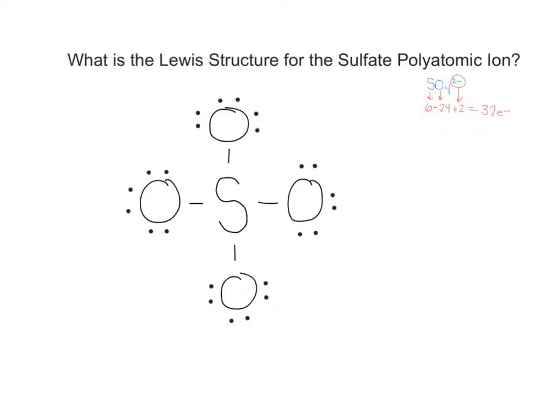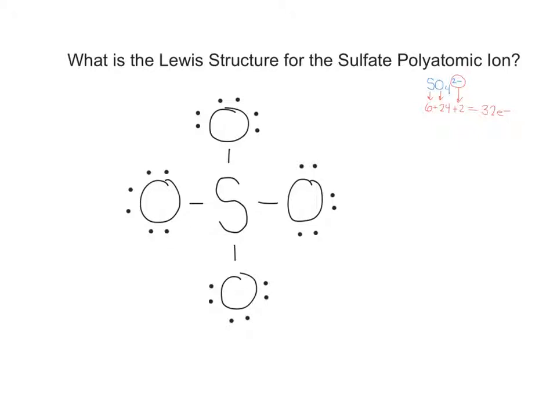When we go back and count, each atom has a total of 8 electrons in its valence shell, and sulfur's octet is completed. And therefore, this is one potential structure for the sulfate polyatomic.